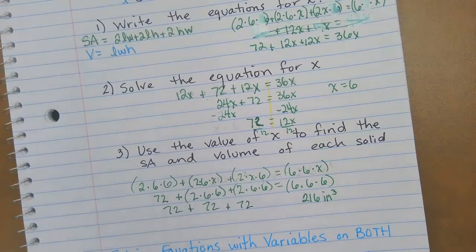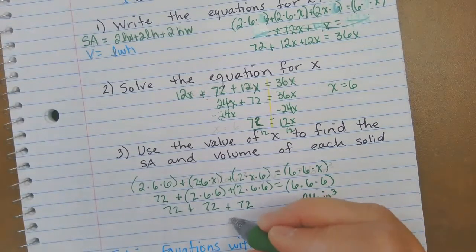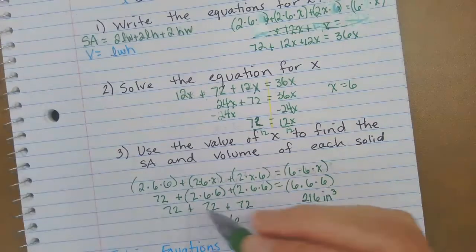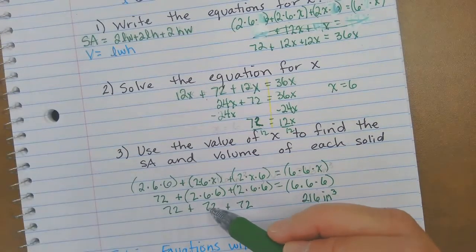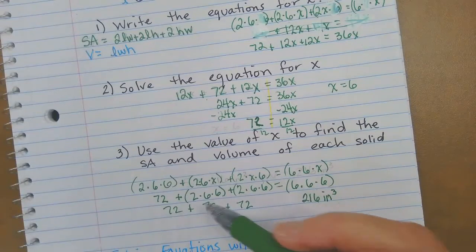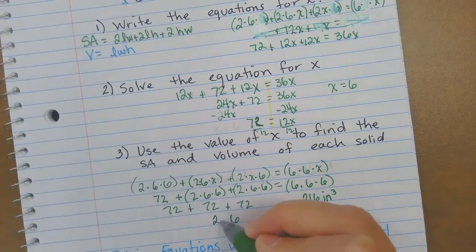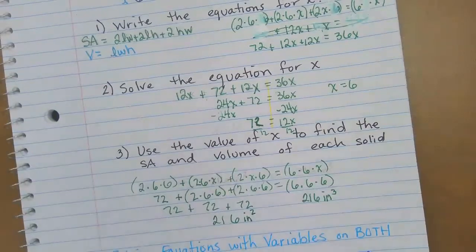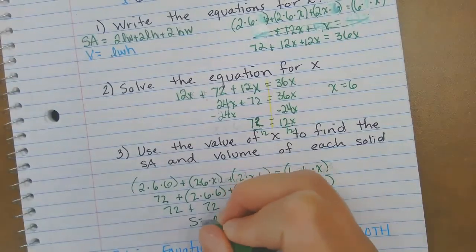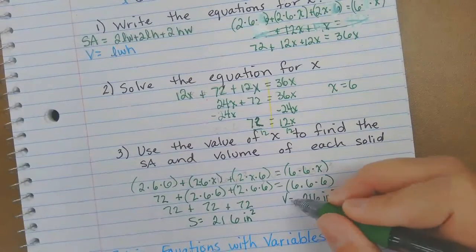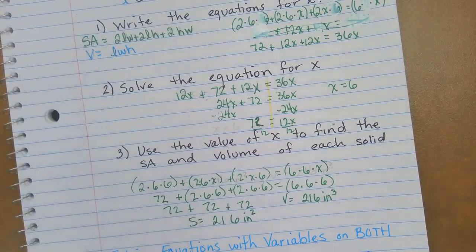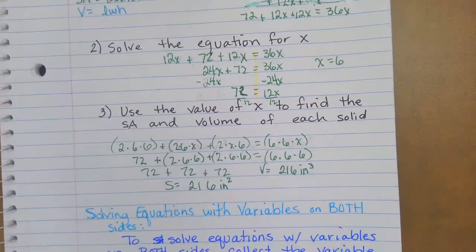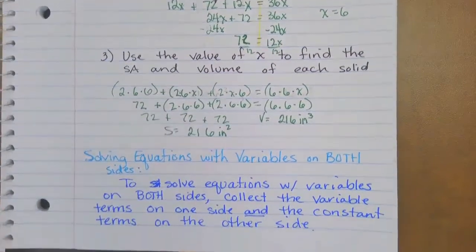And if we add those, 72 plus 72 plus 72, is 2 plus 2 plus 2 is 6. 7 plus 7, that's 14. And that's 21. So 216 inches squared. So the surface area is equal to 216 and the volume is equal to 216, which is exactly what we said at the beginning where we said that they were equal.